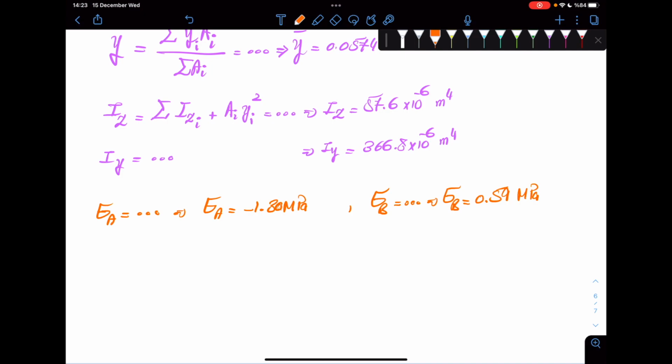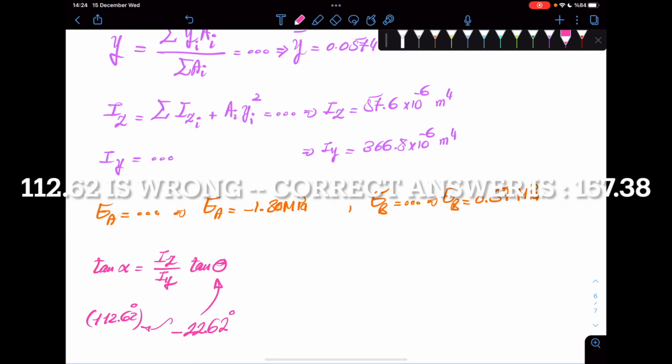Then you eventually use that formula for the angle alpha. You would say tangent alpha is Iz divided by Iy times tangent theta. And as I said, the trick here is to pay attention that theta itself, you can write as a negative angle, minus 62, in degrees.